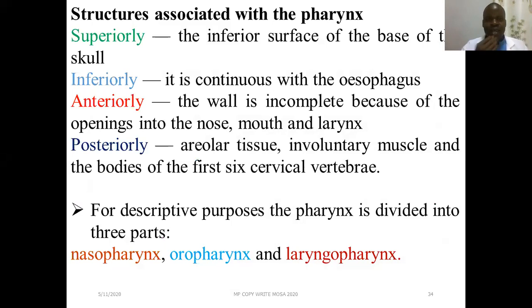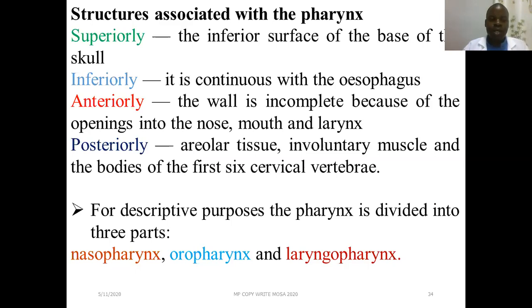When we look at the structures which are associated with the pharynx, superiorly, we have the inferior surface of the base of the skull, that is the upper part. Then inferiorly, that is the lower part, it is continuous with the esophagus. Then anteriorly, in front, it is associated with the wall which is incomplete because of the openings into the nose, mouth, and the larynx.